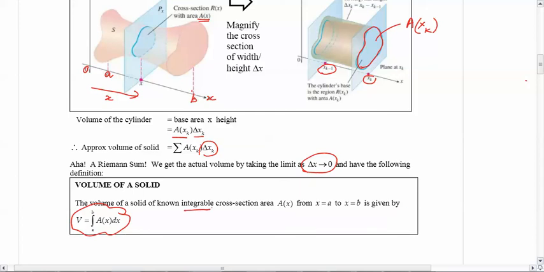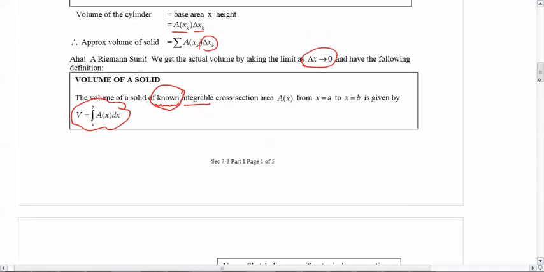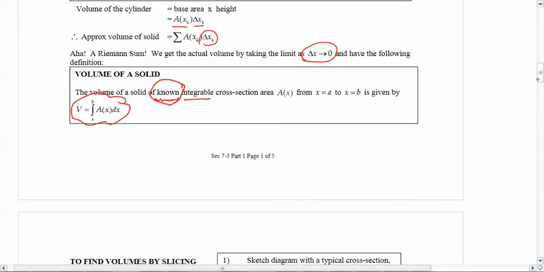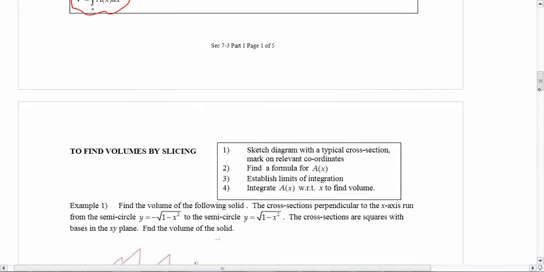Integrable means you will be able to do it as an integral, even if you have to use a calculator. The tricky bit is known. Usually you don't start off knowing it, you have to find it, and that's where the work is. It's finding the formula for the cross section as a function of x.